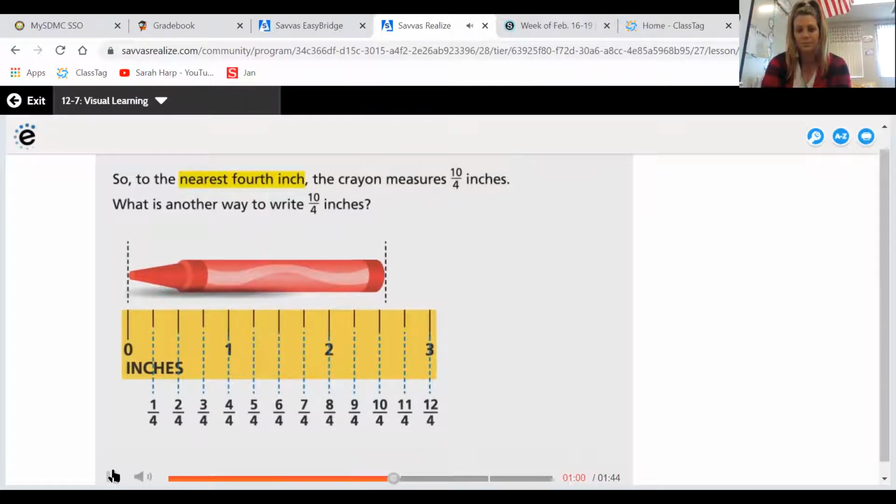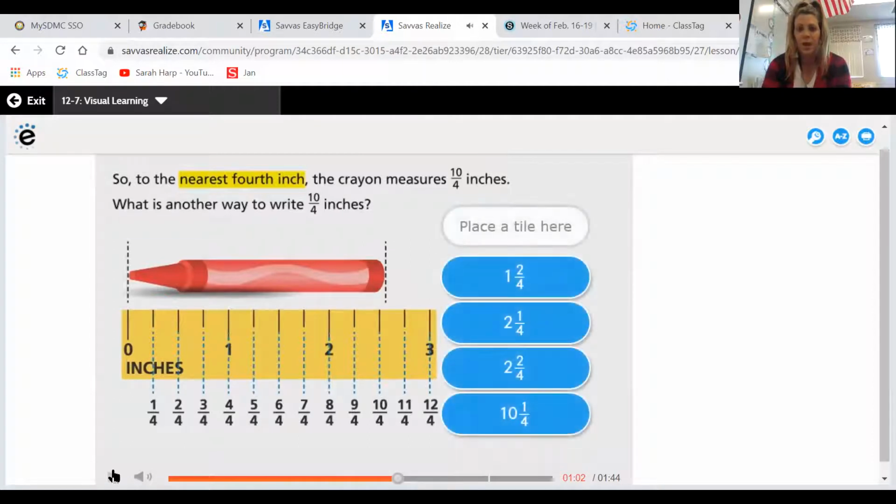What is another way to write 10/4 inches? All right, so select your answer. Let's think about that. So we know that this stands for 2 wholes or 2 inches, right? And in between each big number, so in between the 2 and the 3, it's split up into 4 equal pieces, right? And that stands for 1/4. So if we start at 2 and we jump, that's the same as saying 2 and 1/4.